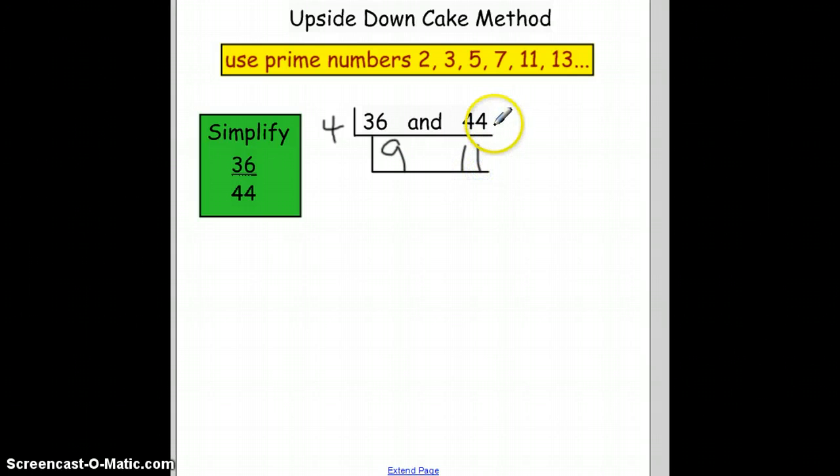I'm sorry, 4 into 44 gives us 11. Now, you see that 11 is a prime number, and there's nothing that will go into 9 and 11. So our simplified fraction, and I hope you got it, is 9/11.